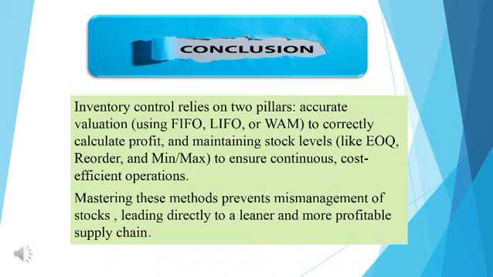Simultaneously, we demonstrated the importance of stock level concepts in maintaining efficient operations. These tools prevent both costly stockouts and wasteful overstocking. By mastering the correct use of these valuation and control techniques, organizations can ensure optimal material flow, accurate reporting, and enhanced profitability.